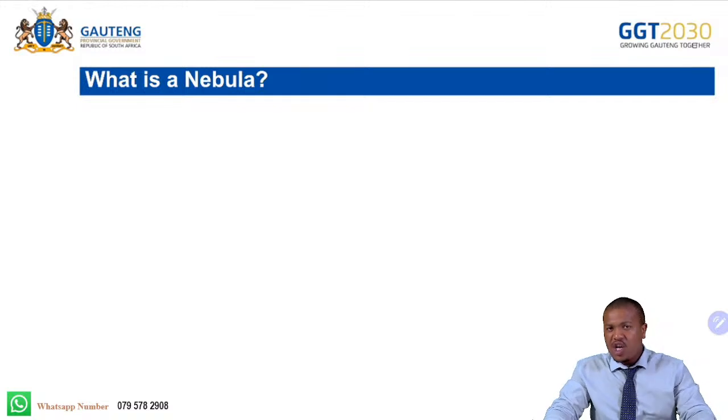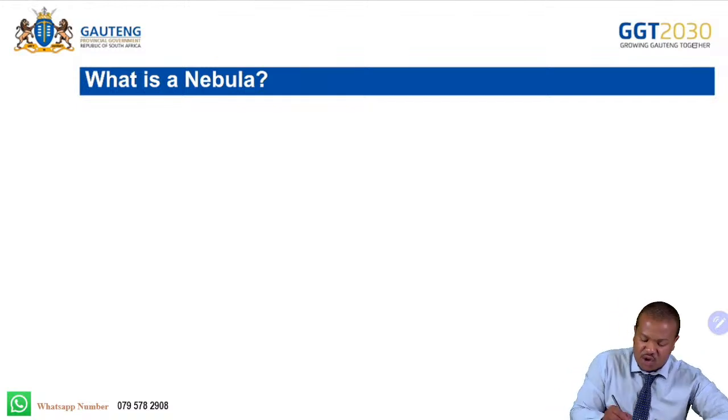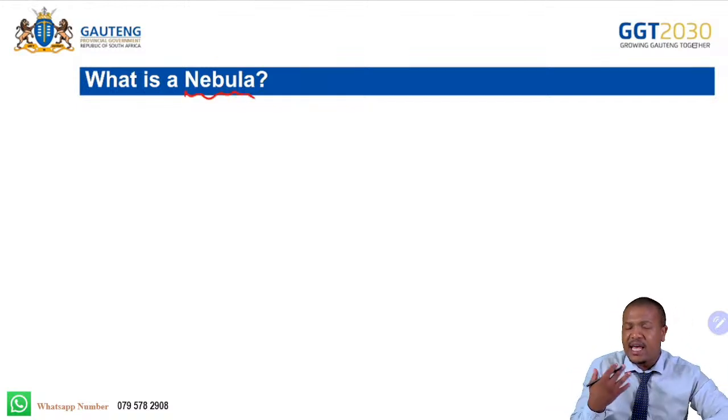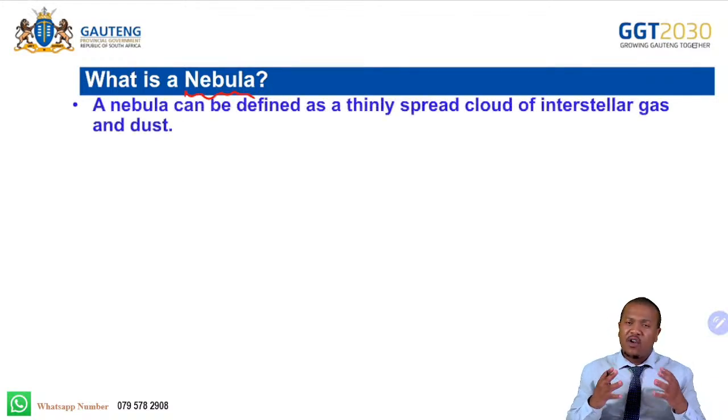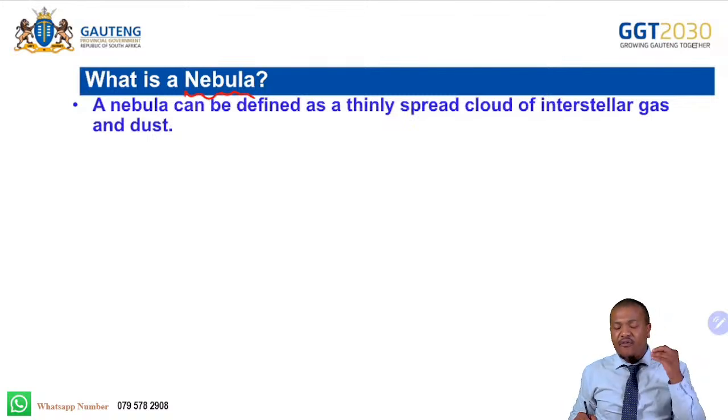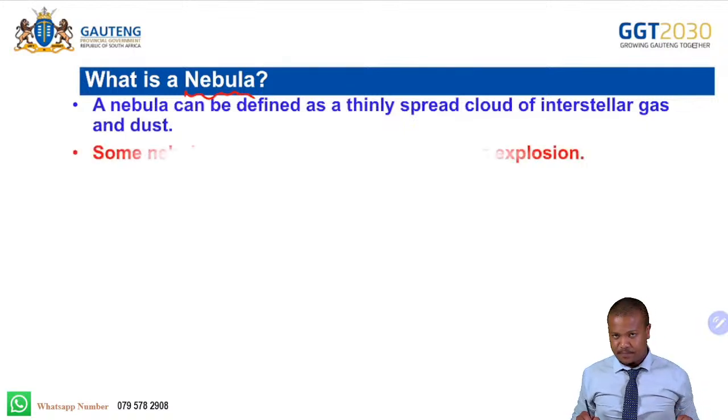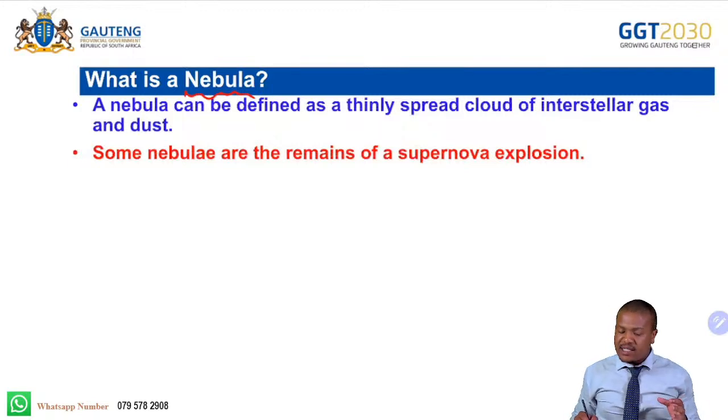Are we together? So now, in this case, it brings us to a nebula. What is a nebula, right? So a nebula now is where the development or the birth of a star begins, right? So it is defined as a thinly spread cloud of interstellar gas and dust, right? A nebula is simply what?